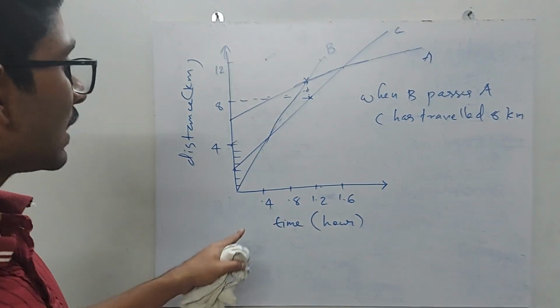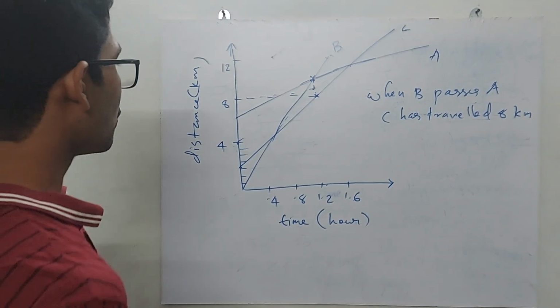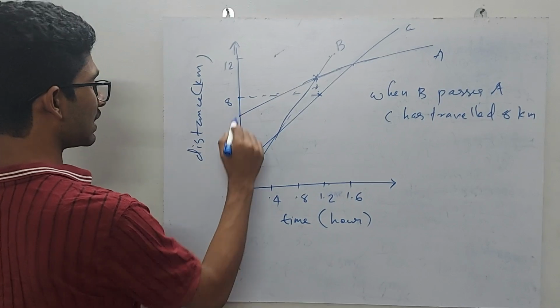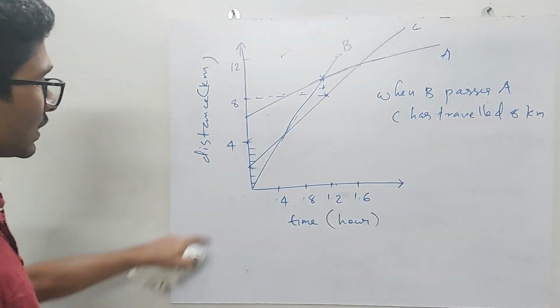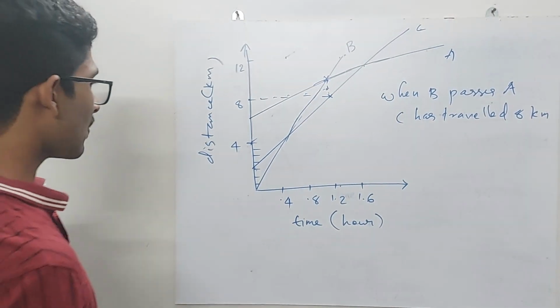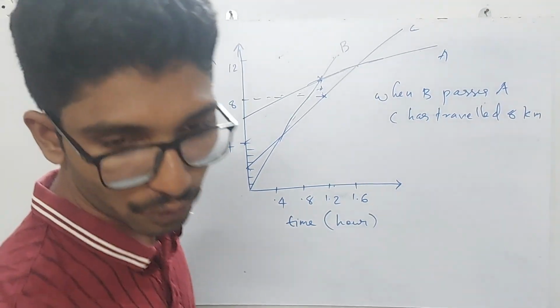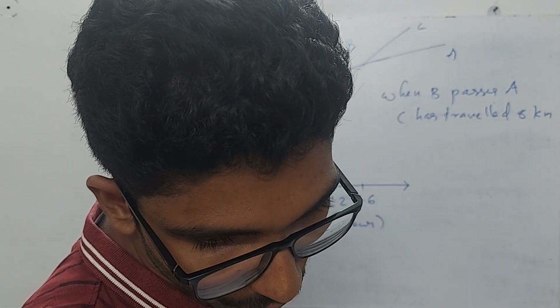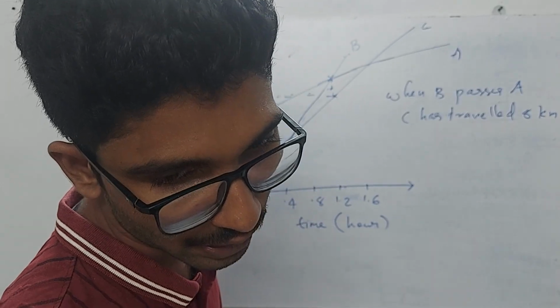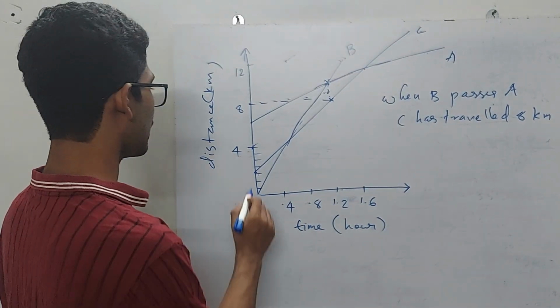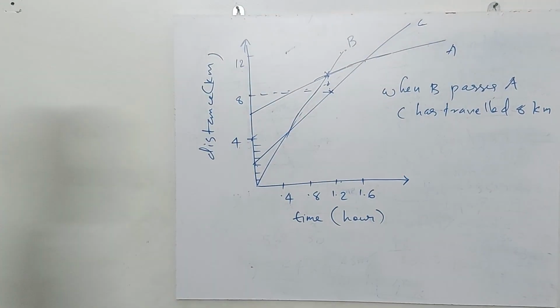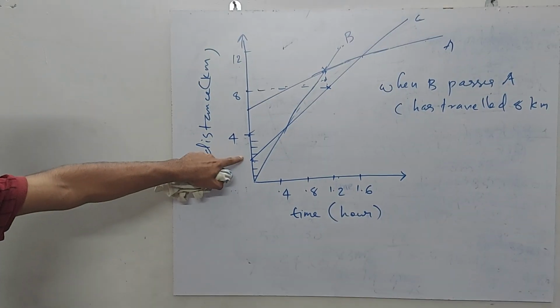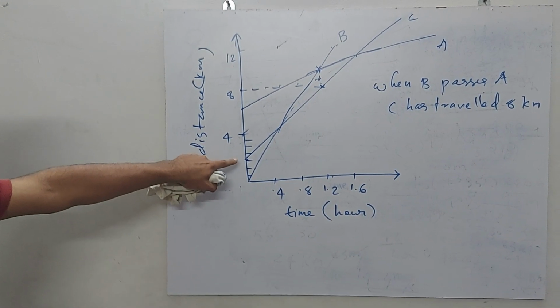Now we need to find the distance traveled by C. So that would be from here to here. Whatever this value is, that would be the value. But what is this value? If you look carefully, I guess 1, 2, 3. It's on the third line. 4, 5, 6, 7. Okay, so it's like on 3. I would say 3 units have been covered. The car is in between 3 units.